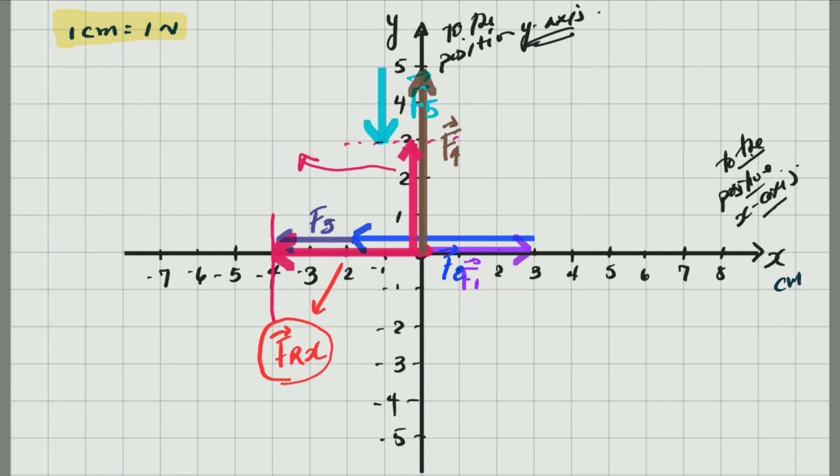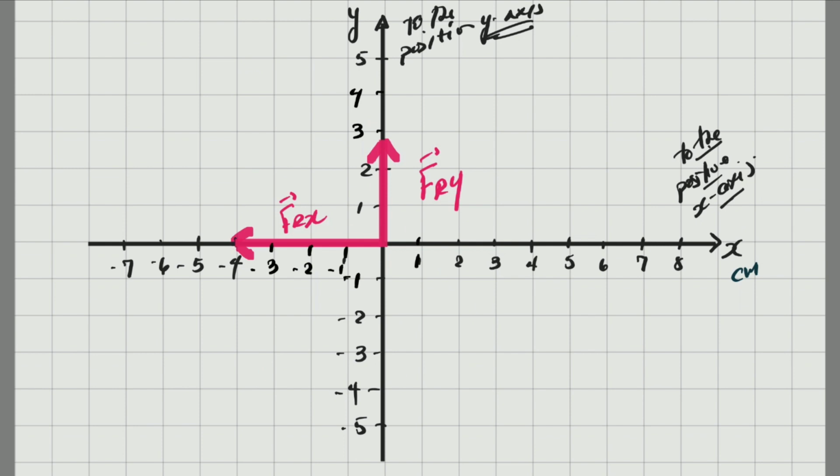This one here is what we call the resultant force, in this case the resultant force in the y-axis. So now we have two resultants. If we redraw this axis quickly with only the resultant, so if we take all the other vectors out and we leave only the resultant, this is what we have. We're always going to have two resultants, one in x and one in y.